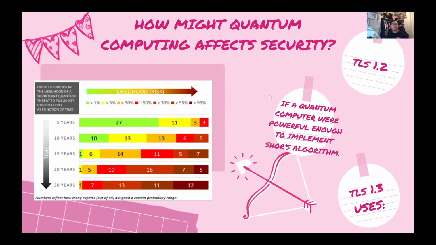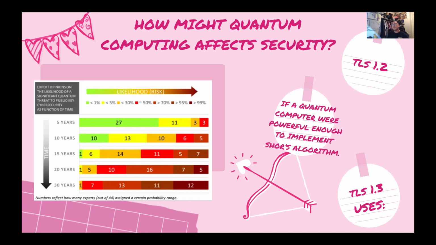Here we're going to talk a little bit about how quantum computing affects security. In TLS 1.2, older versions of Diffie-Hellman were vulnerable to Shor's algorithm. Shor's algorithm is a quantum algorithm. It's the fastest known algorithm for factoring large integers. TLS 1.2 uses RSA encryption, which relies on the difficulty of factoring large integers.